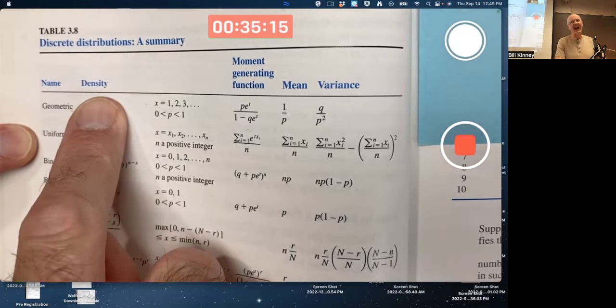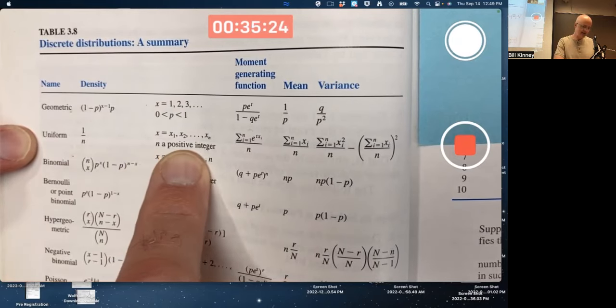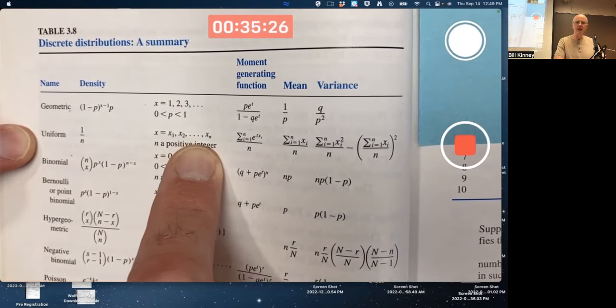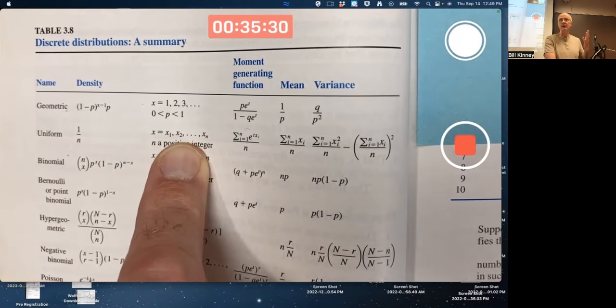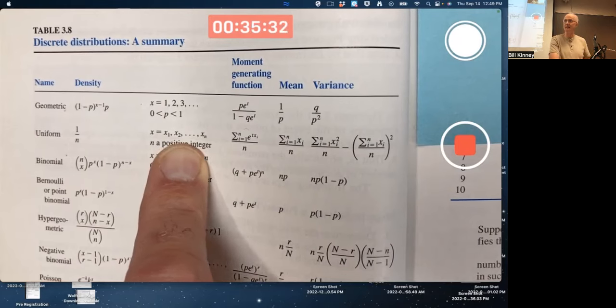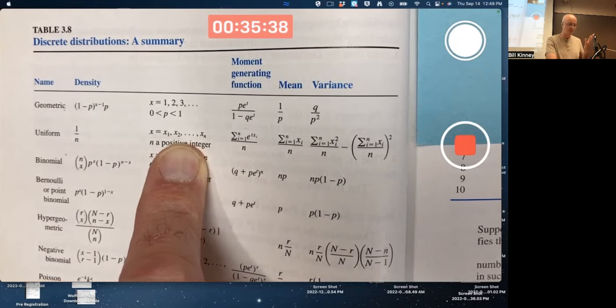Density, really mass, 1 over n. These are the values of little f of x when x takes on these n values. These x's that you see have subscripts. The subscripts are integers, but the x's themselves don't have to be integers. They were for the dice rolling example.